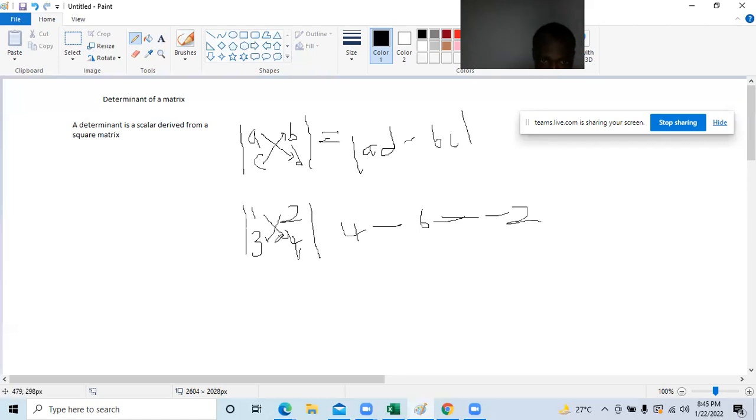Right? If you understand that, give me the determinant of 4, 7, minus 3, 2. What's the determinant?